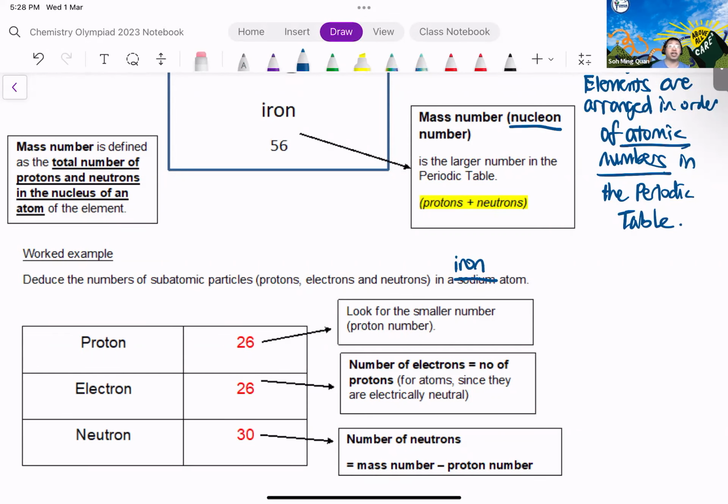How do you find the charge that an atom would form? Okay, that one we will go on to later, when we talk about ions.